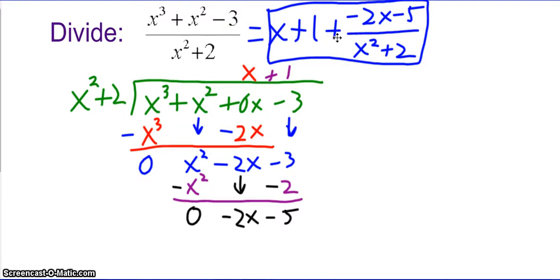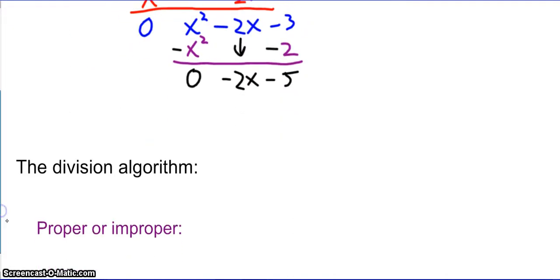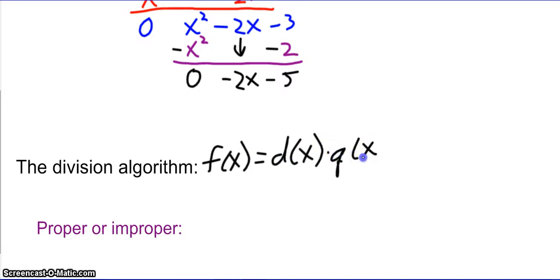Okay, now applying the division algorithm to this, in terms of polynomials, the division algorithm is if we have some f of x, it equals d of x times q of x plus r of x.